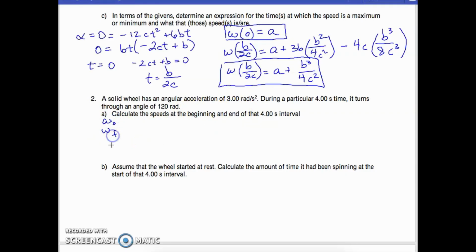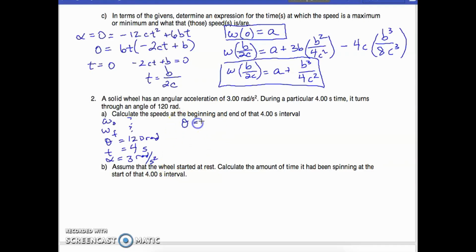So using our organizational system here, it's accelerating at 3 radians per second squared. And it's during 4 seconds that it turns through 120 radians. And we're looking for the original and the final speeds.